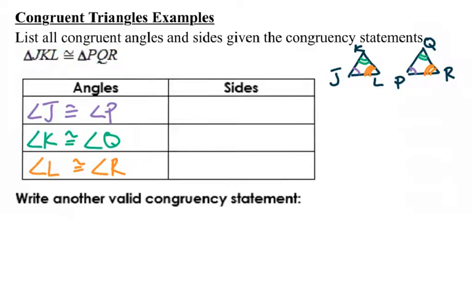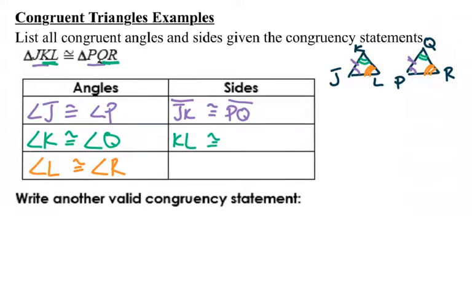Alright, and sides kind of work the same way. So, let's see. JK are the first two letters. It has to correspond with PQ. So side JK, and I put a line like this over top of it to know that it's a side, is congruent to PQ. And I could do one little tick mark. Alright, the next two letters, let's do KL and QR.